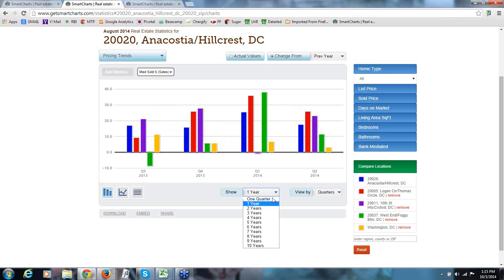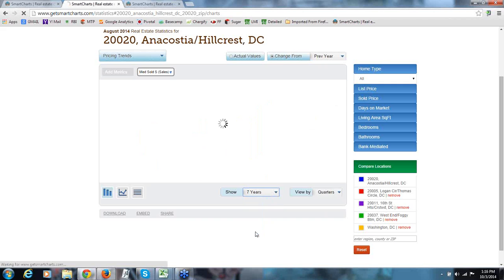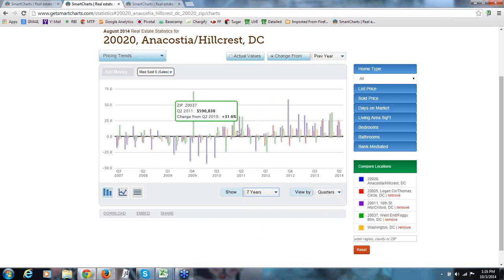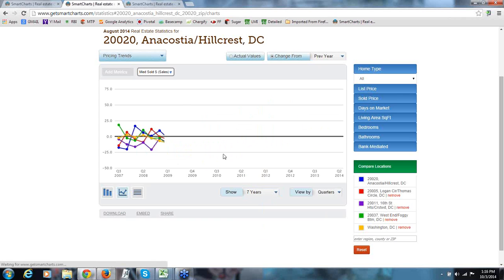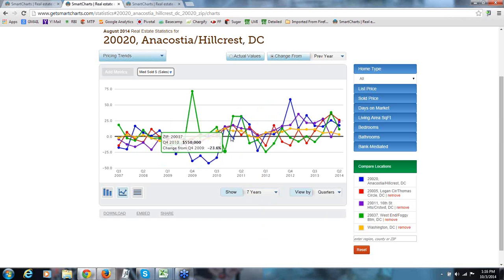I can take this back 10 years to see when that trend started happening for these particular zip codes. That's not the cleanest graph, but I can always export this to Excel by downloading.